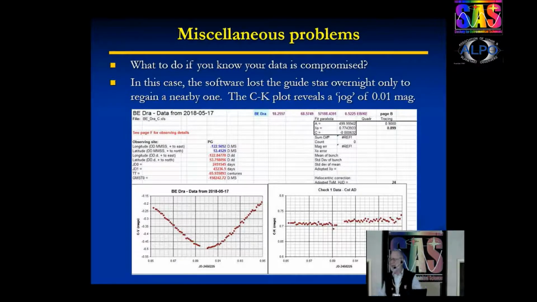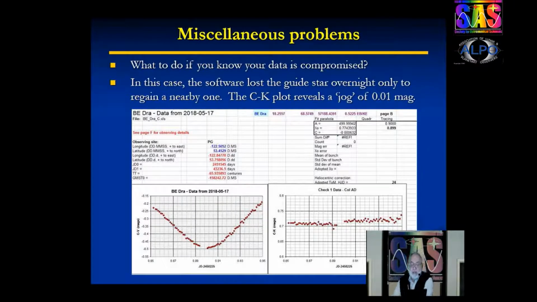Well, it's okay, so you just reduce that set of data separately from the stuff before. And I get this horrible jog, which is kind of worrisome. If you look at this curve on the left here, it doesn't quite fit. It doesn't look that good. And then, of course, if you look at the C minus K graph, then you see a definite step.